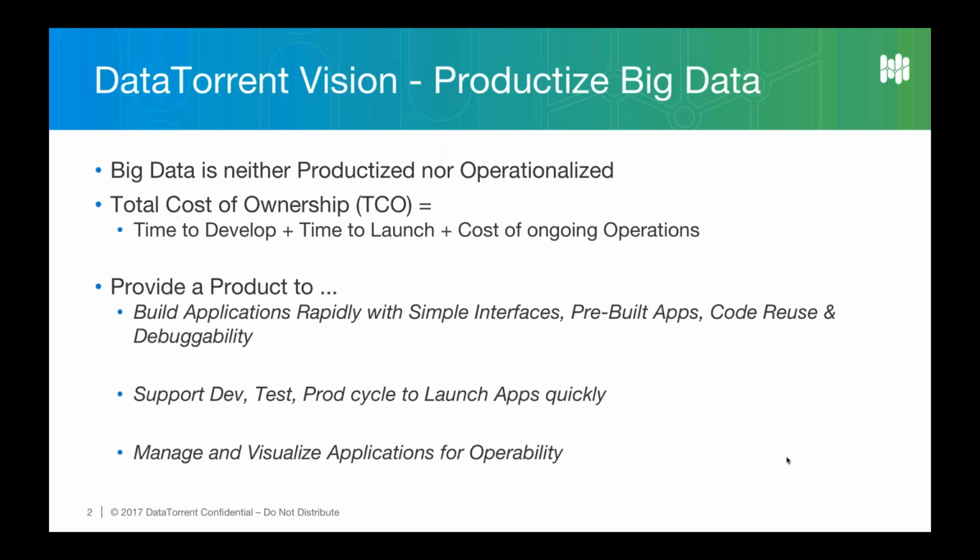The applications, we call them templates. They are based on a set of repeatable patterns that we commonly see among our customers. So we basically want to leverage code reuse in these templates. So we have, let's say, one template that can be deployed across multiple use cases and possibly in different industry verticals.